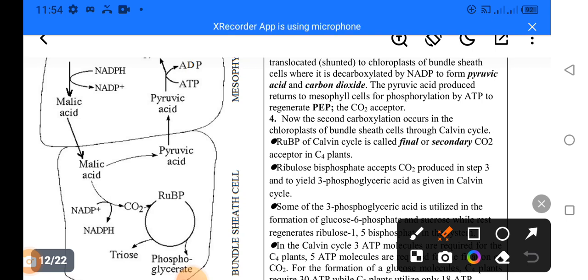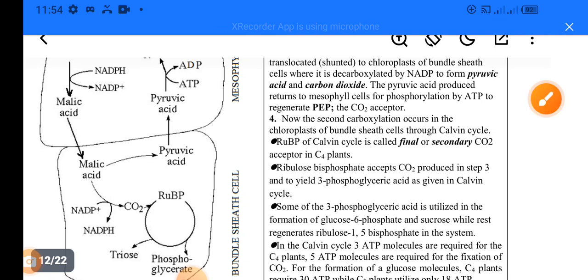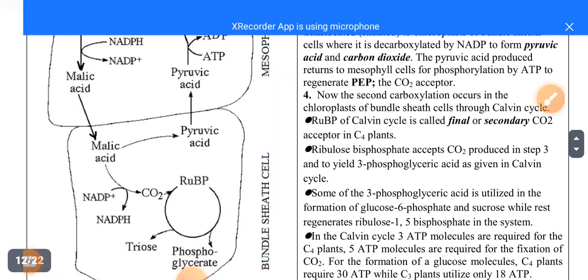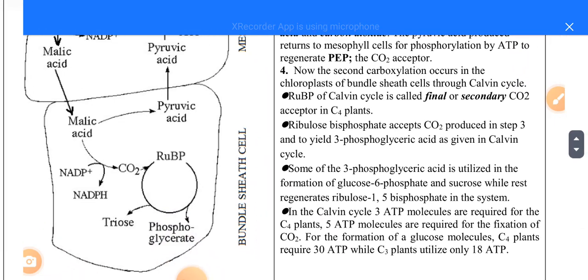Some of the 3-phosphoglyceric acid is utilized in the formation of glucose 6-phosphate and sucrose, while the rest regenerates ribulose 1,5-bisphosphate in the system. In the Calvin cycle, 3 ATP molecules are required for C3 plants, while 5 ATP molecules are required for the fixation of carbon dioxide in C4 plants. So for the formation of a glucose molecule, C4 plants require 30 ATP, while C3 plants require only 18 ATP. The ATPs are adenosine triphosphate.